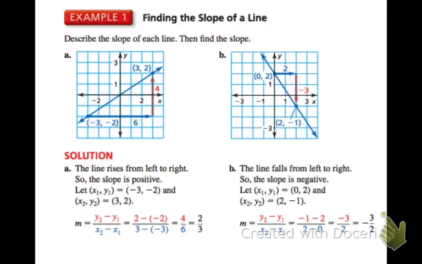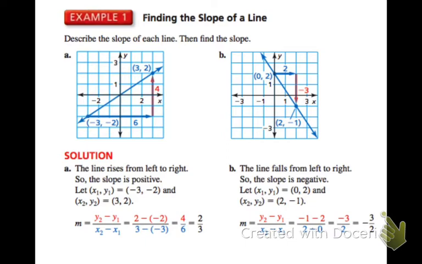All right, so to describe the slope of a line, first we want to describe whether it is positive or negative. The line rises from left to right, so it's positive. Now we'll pick 2 points. When they're on a graph, it's kind of awesome, because you can actually count the change in y.